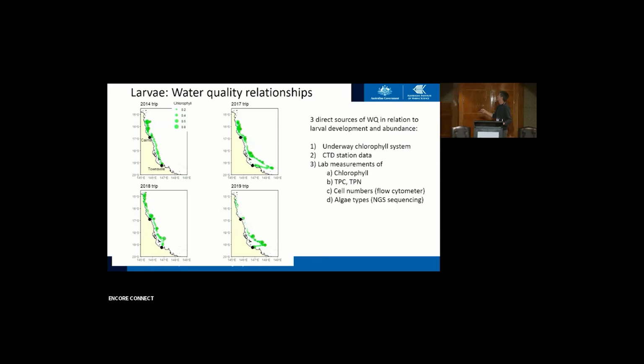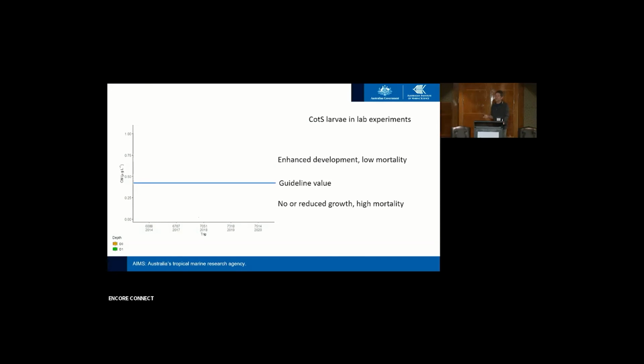We have a CTD station at every plankton station, and we take actual chlorophyll samples and other parameters. In the long term, we're hoping to relate those samples to the quality and quantity of the larvae in the plankton. We haven't got those data analyzed.